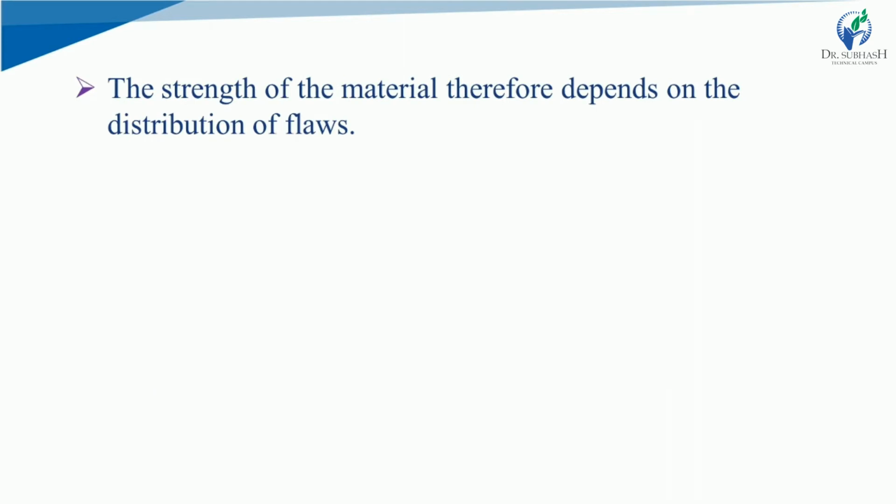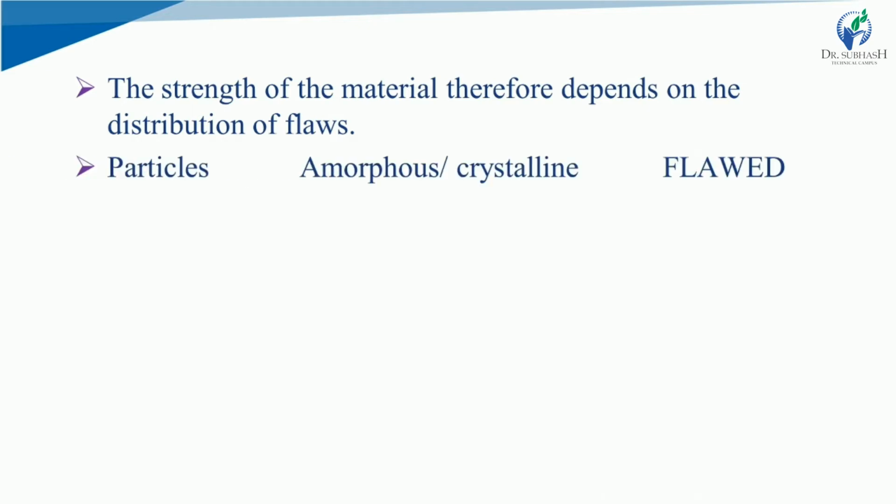The strength of the material therefore depends on the distribution of the flaws, and that is the only reason why particles have flaws. Now, particles that are amorphous, crystalline are flawed.